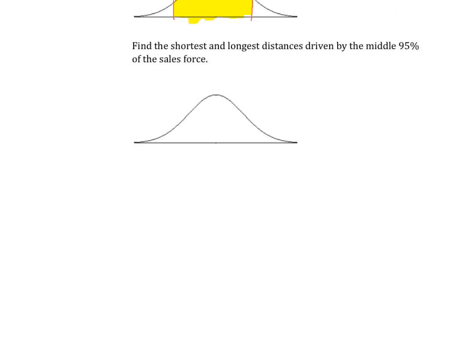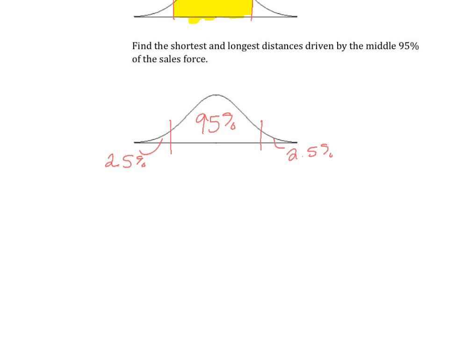Find the shortest and longest distances driven by the middle 95% of the sales force. So here, in between is 95%. That would leave 5% left over, so 2.5% would have to be on the top tail, and then 2.5% would have to be on the bottom tail.